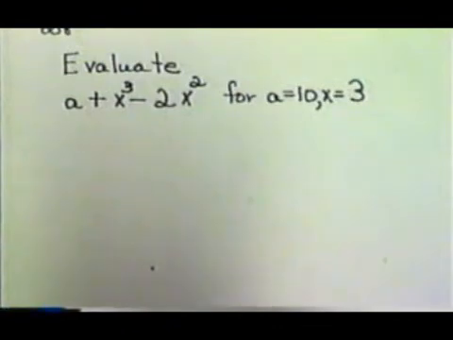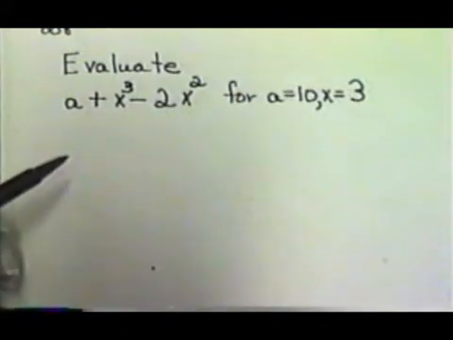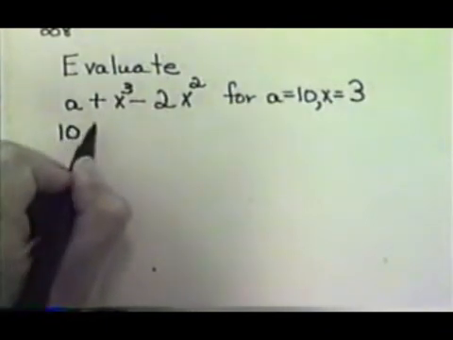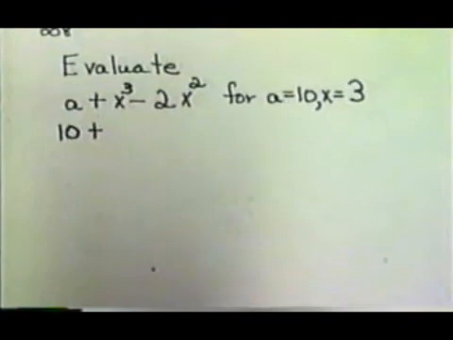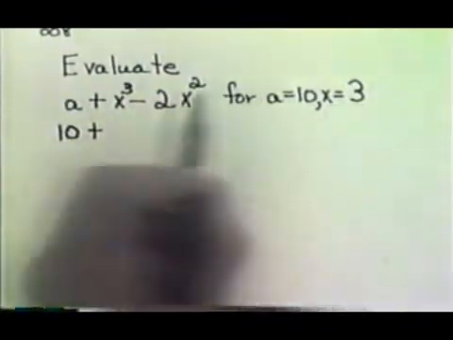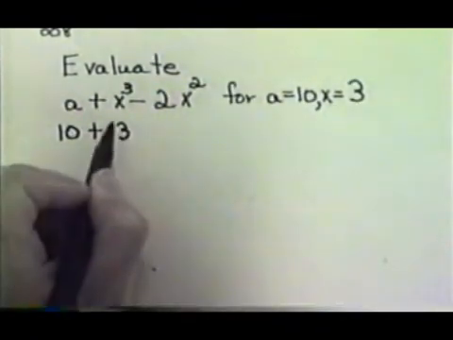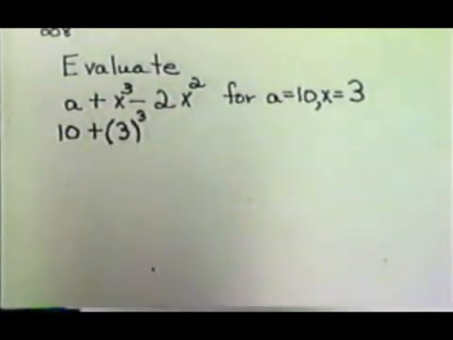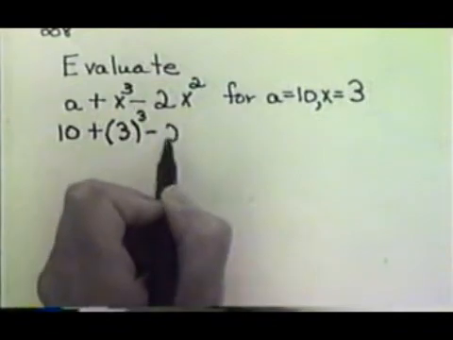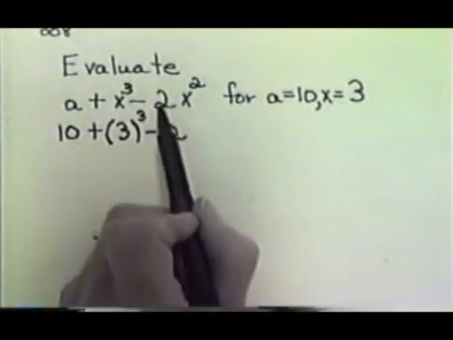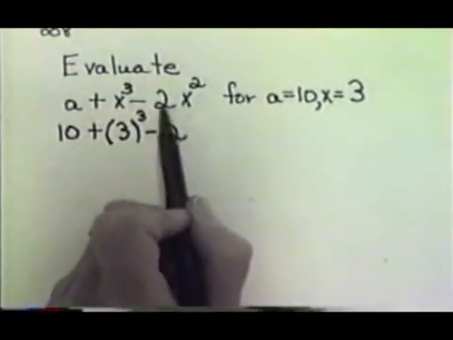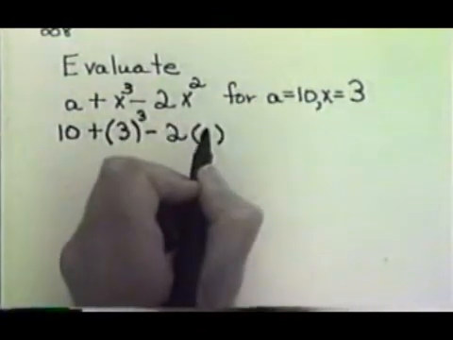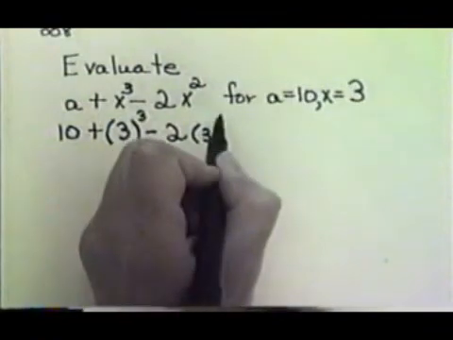So let's evaluate the expression. Since A is 10, I put 10 plus, and when I come to the X, I fill in what the X is. X is 3, so I would have 3, and then put my exponent back up to the 3, subtract 2, and since the 2 is written right beside the X, it's 2 times, so I put my times and fill in what X is again, 3, and then the exponent.